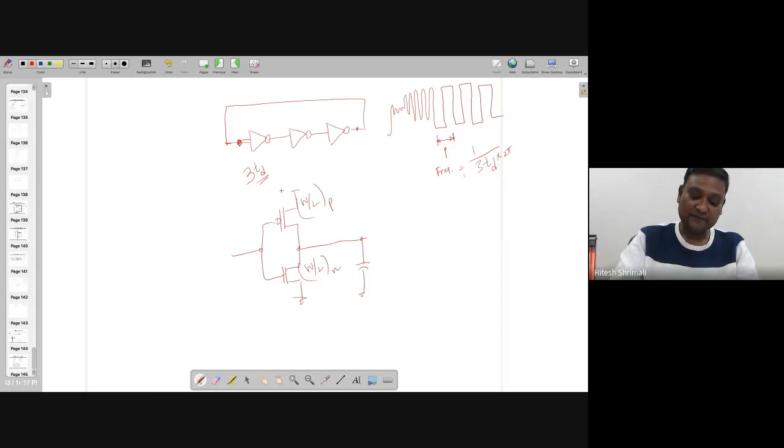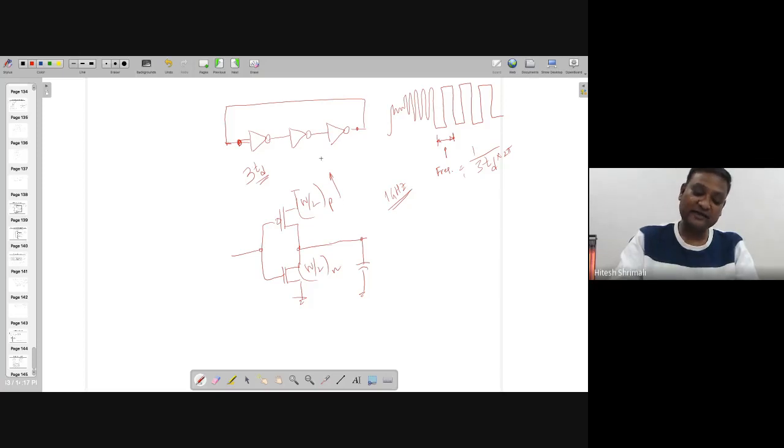So if you keep a very high value, you are going to get a better number, and you might achieve 1 giga or more than that if required.